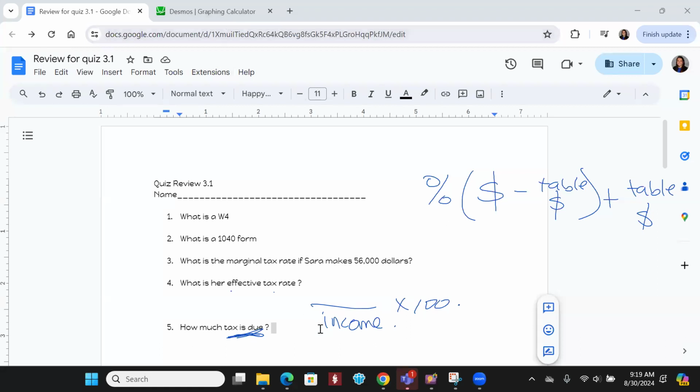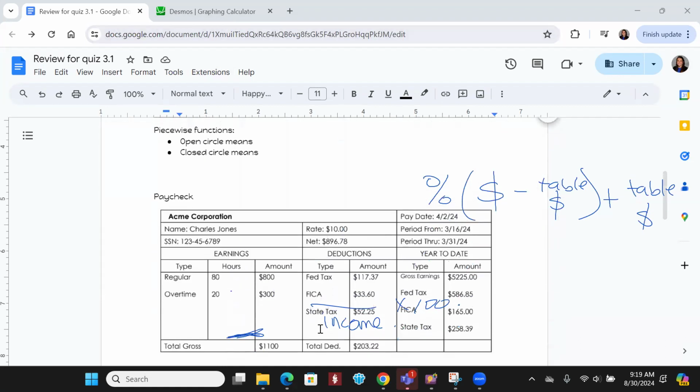Good. All right. What about piecewise? All you're doing is I give you an X value, you tell me what the Y value is. That's it. If I say at X equals 3, what's my Y value?